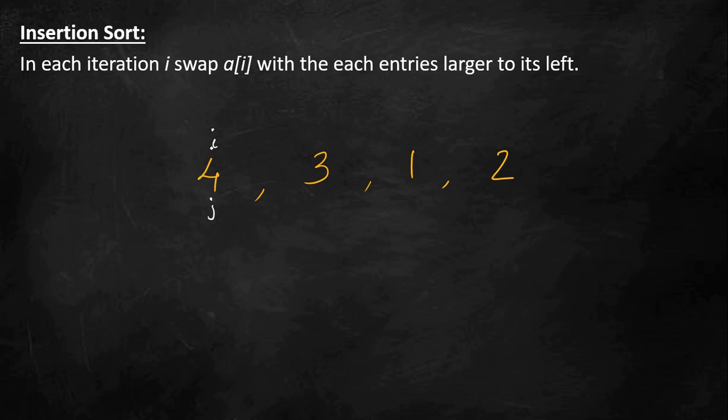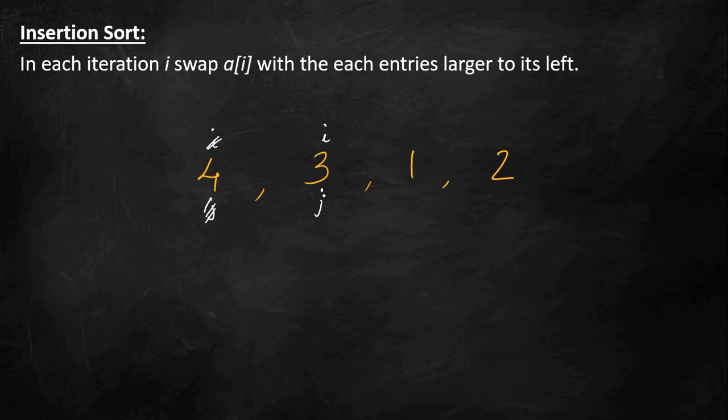Initially i and j will be at the same position, then we'll increment i. Now i and j are at the same position. Now I need to compare each value of j with the previous value of j, and I need to do this until j is greater than or equal to 0. Once j is equal to 0, I need to reset j to i.